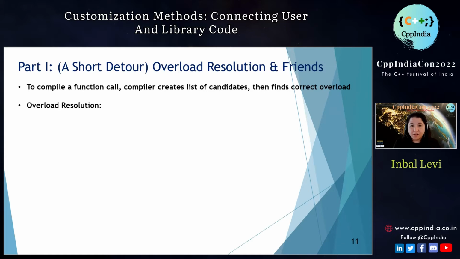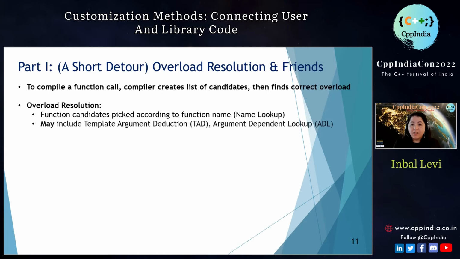This process of understanding which is the correct overload is called overload resolution. Function candidates are picked according to function names, which is called name lookup, and they may include template argument deduction. So if we have templates, we'll be able to create some candidates from them.